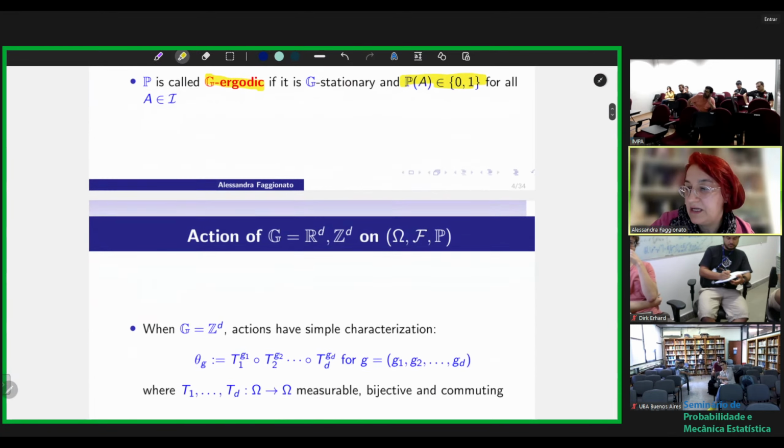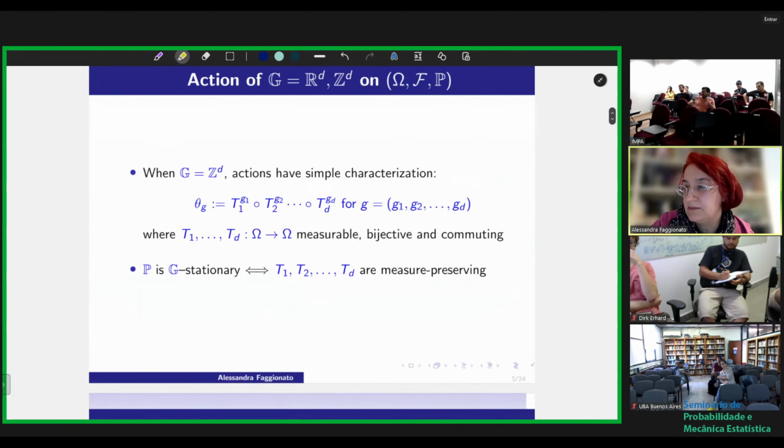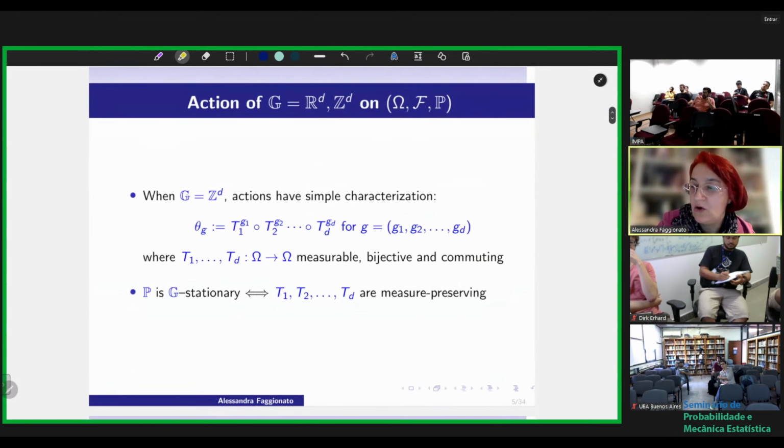Okay, and now just a remark. When the group G is equal to Z^d, you can avoid all this abstract setting. Indeed, the actions have a simple characterization. All actions of the group Z^d on the probability space are of this form. There are d maps T_1, T_2, ..., T_d from Omega to Omega, which are measurable, bijective, and commuting.